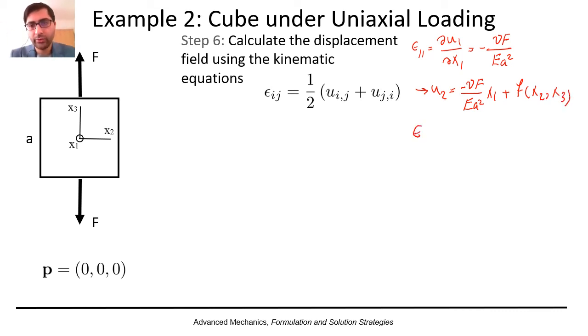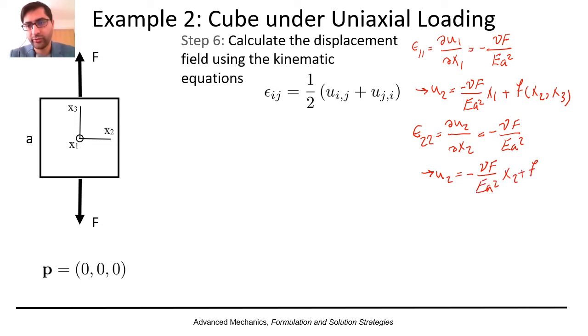For epsilon 22, we have partial u2 partial x2. It's again equal to minus nu F over E a². So u2 is minus nu F over E a² x2, this time plus a constant, which can be a function of x1 and x3, but not x2.